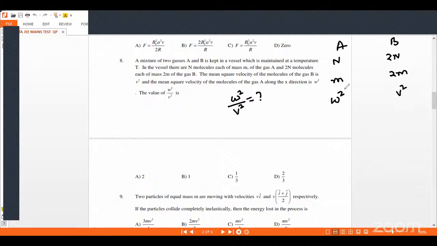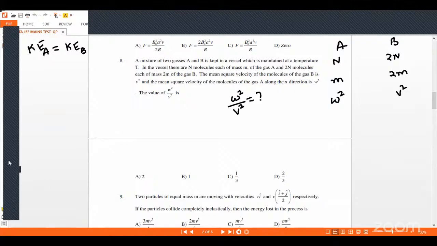So I can say that the kinetic energy of A will be equal to the kinetic energy of B.